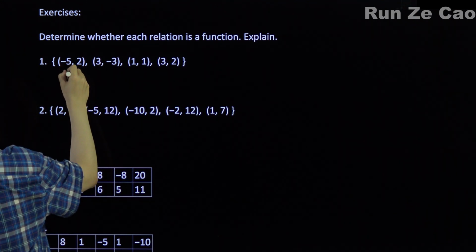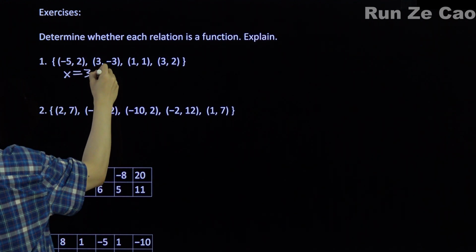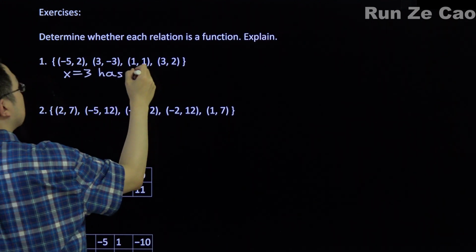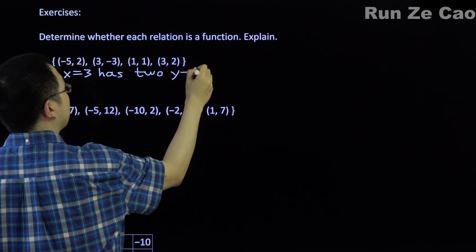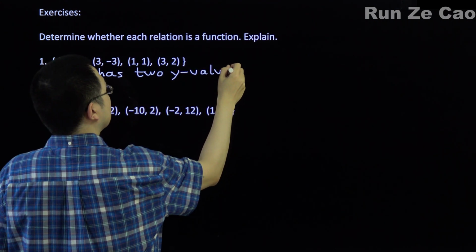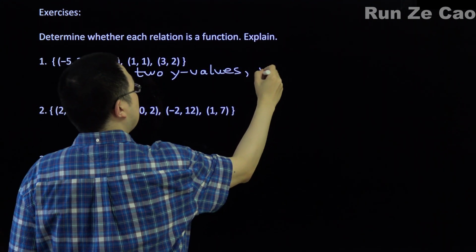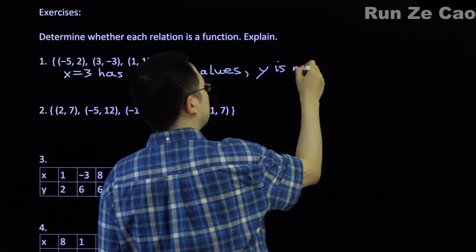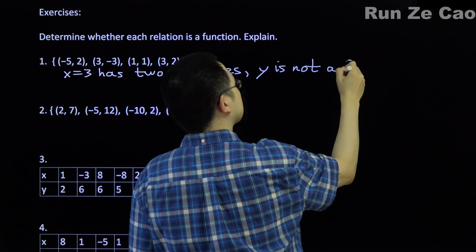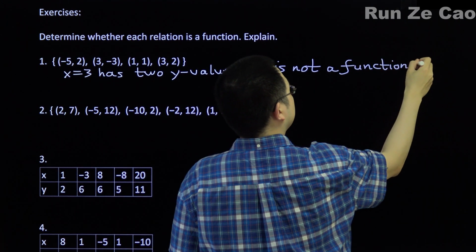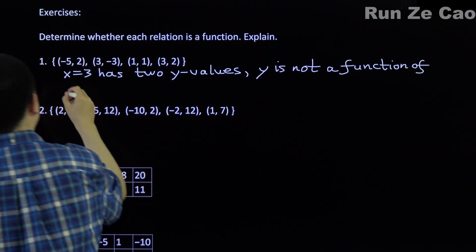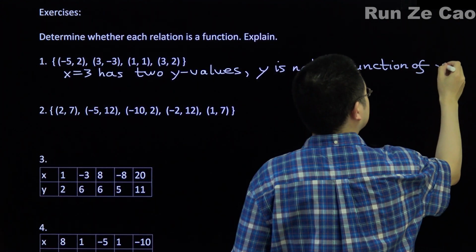So x equals 3 has 2 y values. So y is not a function of x. Actually, yeah, let's just write that over here.